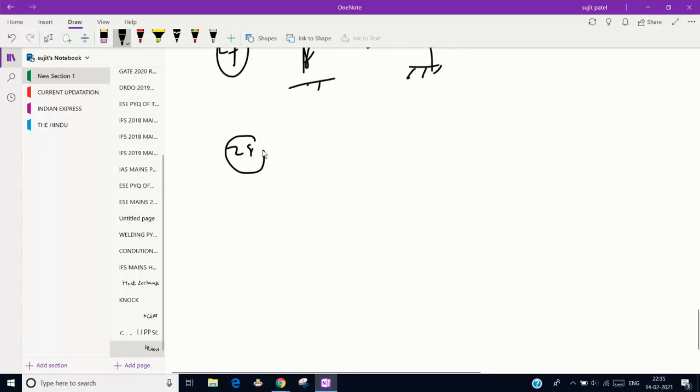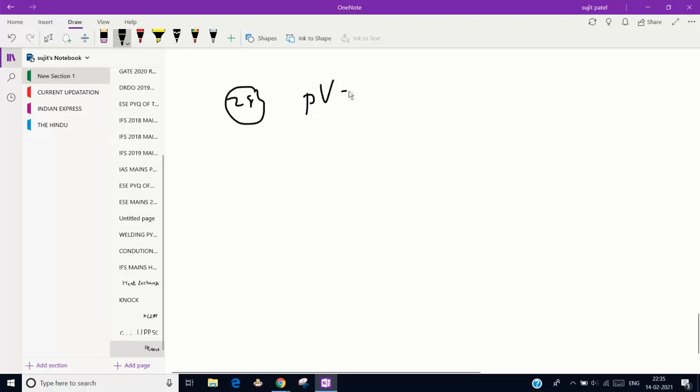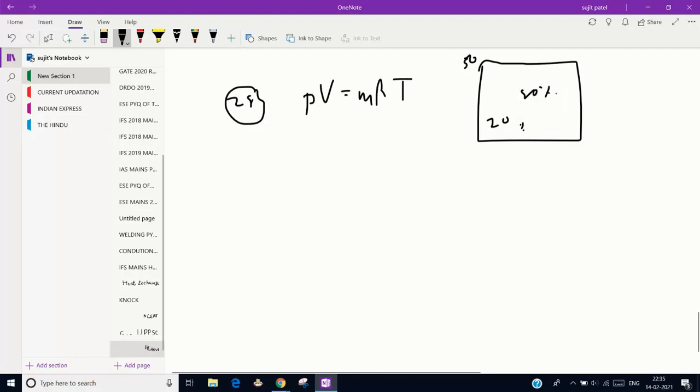Next question, that is on my memory base. I think one question uses PV is equal to MRT, just the only equation that we have to use. In one container of 50 meter cube volume, 20% of the total mass is liquid, and 80% of the total mass is vapor. They ask what is the total mass of the fluid inside.